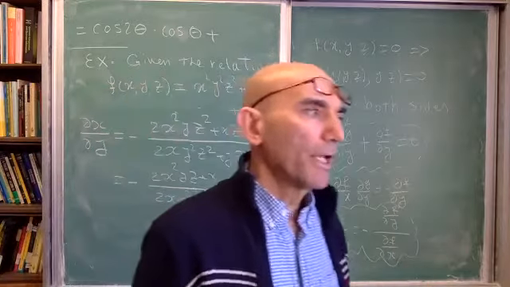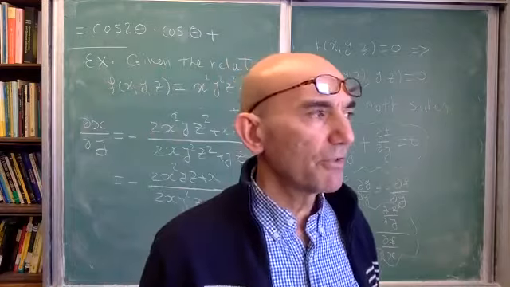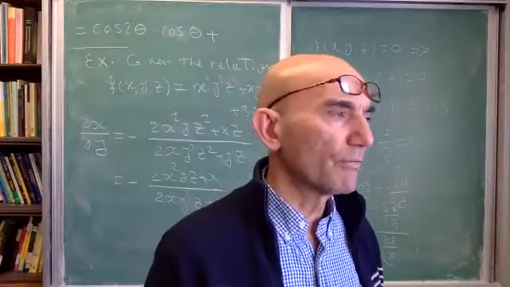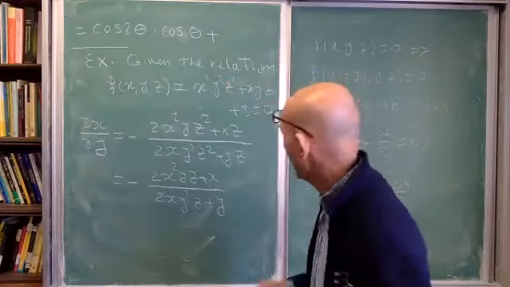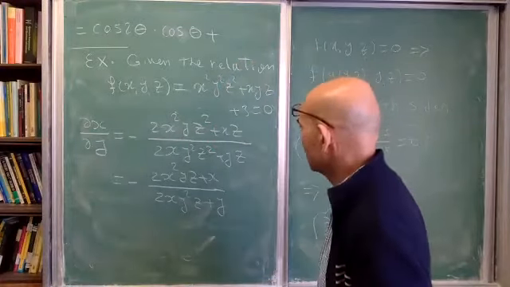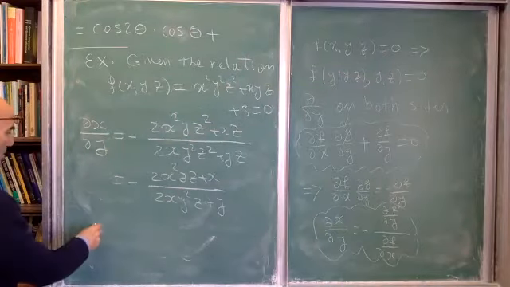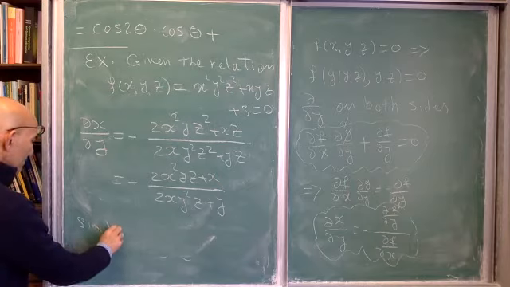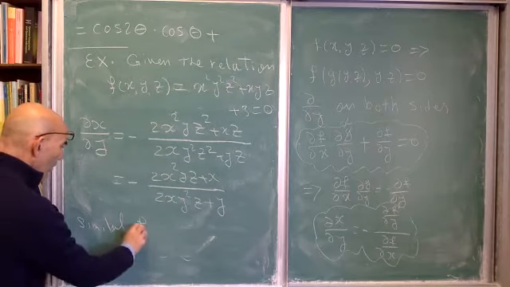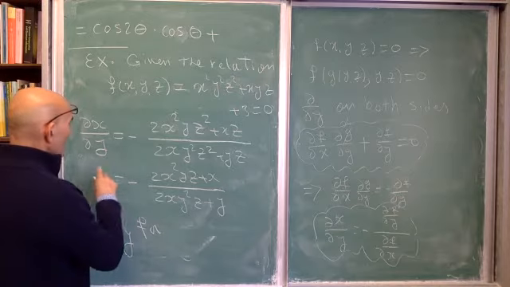So again, we use chain rule, but in a slightly different way. It's not a very straightforward way of using chain rule, but we use it in this form. In a similar way, we can say similarly for dx dz.